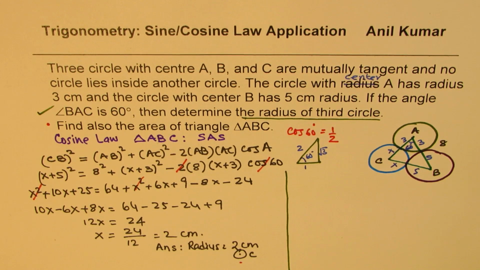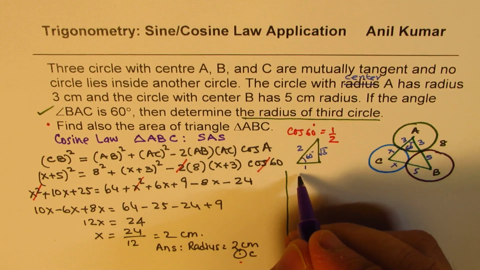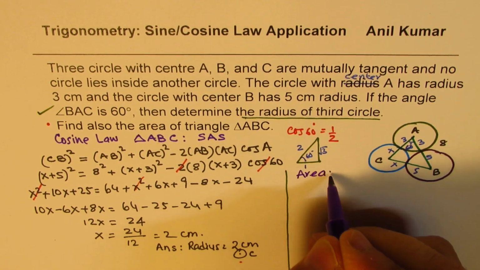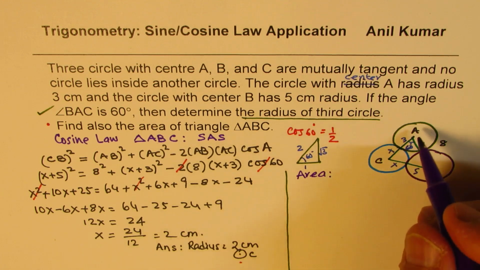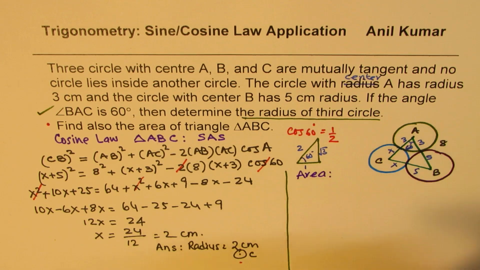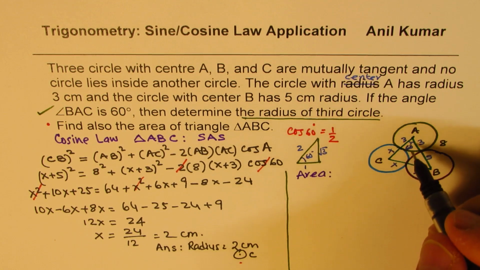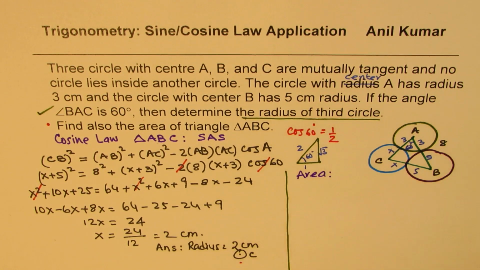How do you find the area of this triangle? Okay, so let's look into this triangle once again. Now we know that the sides of this triangle are 8 and this is 2, so it is 5, right? So let me sketch this triangle separately.